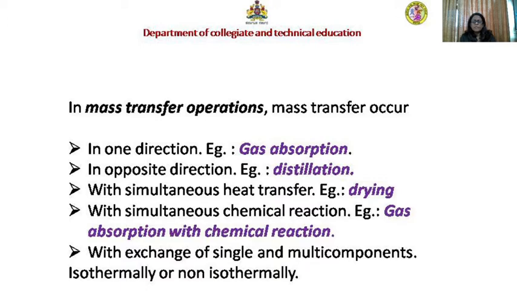Then after absorption, it reacts with the water, forming a new substance, that is nitric acid. So it is first the absorption operation that is taking place, which is a mass transfer operation. Then there is a chemical reaction producing a new substance. So this is a typical example of mass transfer occurring with a simultaneous chemical reaction.